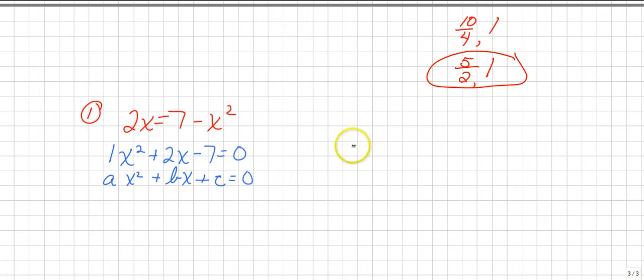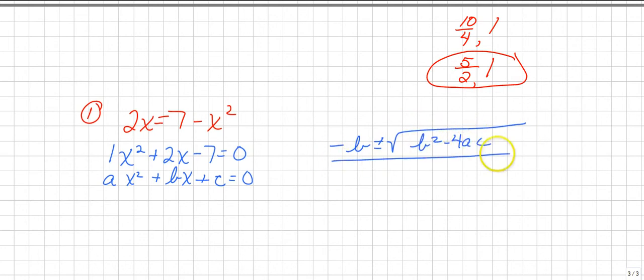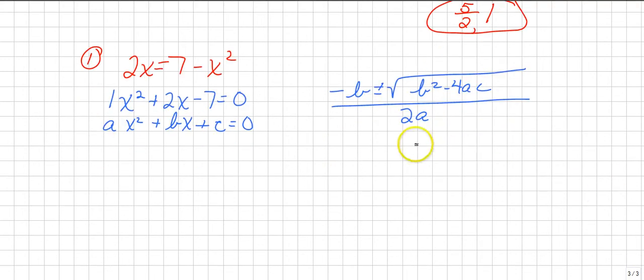So let's write it out. Let me write the formula one more time. Negative b plus or minus the square root of b squared minus 4ac all over 2a. Substituting in the values for a, b, and c, negative b would be negative 2 plus or minus b squared would be 2 squared. This time I'm just going to go ahead and square it.